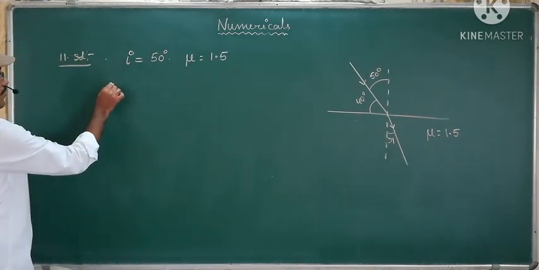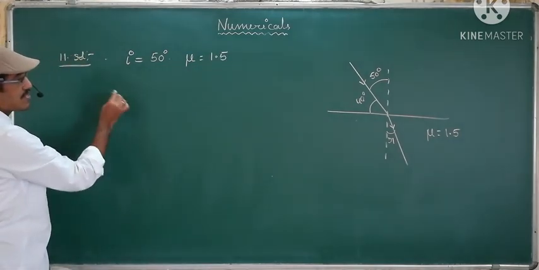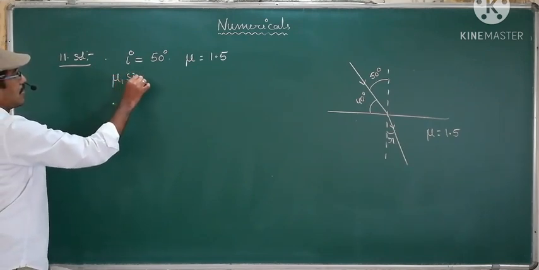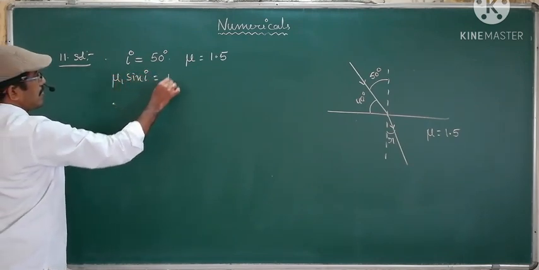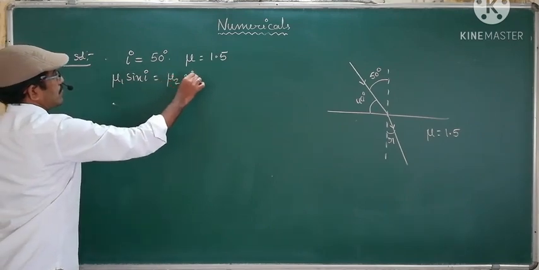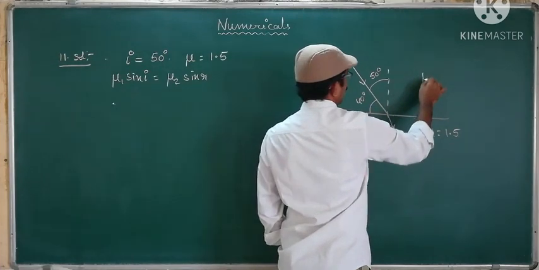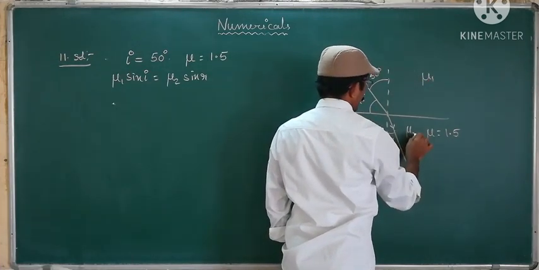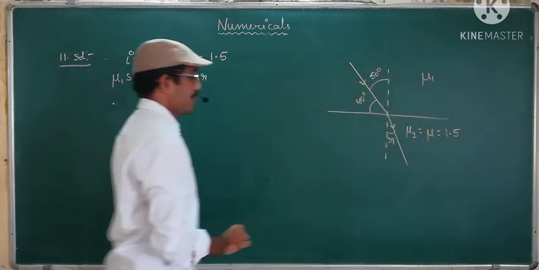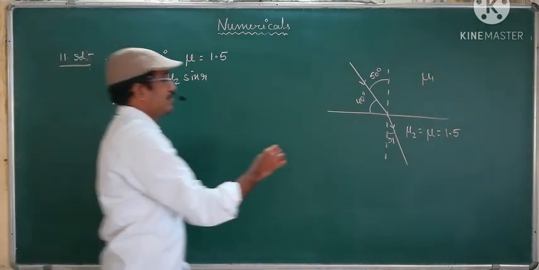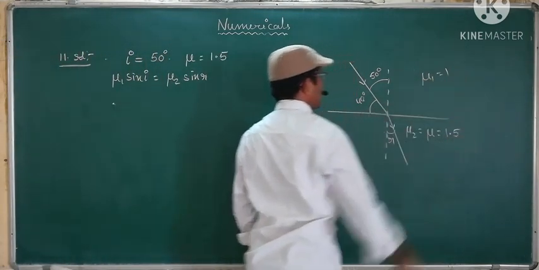From Snell's law of refraction here, mu1 sin I is equal to mu2 sin R. This is mu1, this is mu2, which is equal to 1.5. For air, refractive index is equal to 1.